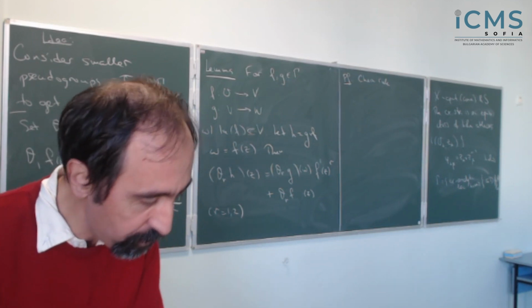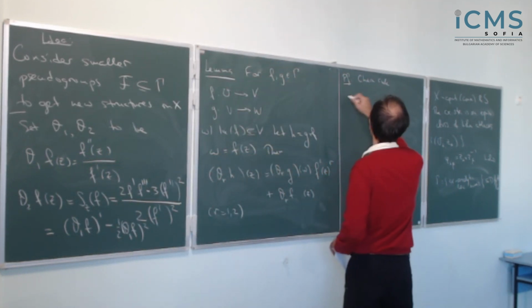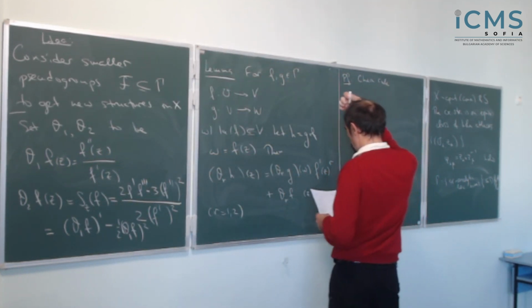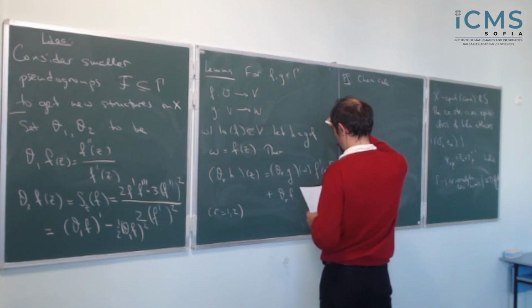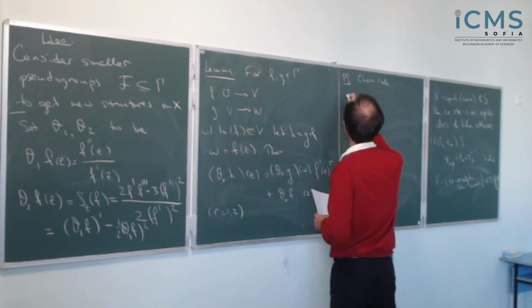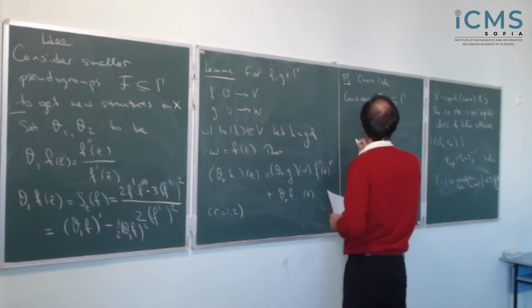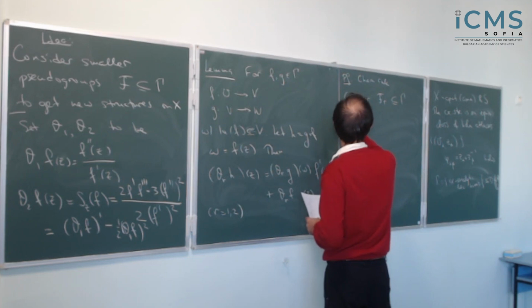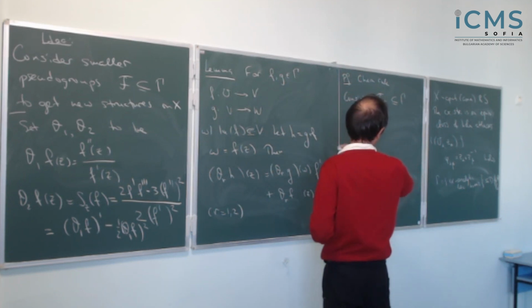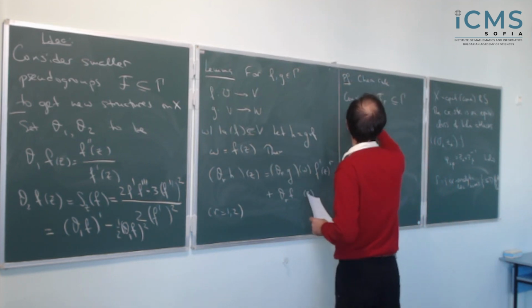So what we do now is we consider two sub pseudo groups on our regular surface. We consider, inside gamma, defined by, so these are local homeomorphisms, complex analytic.